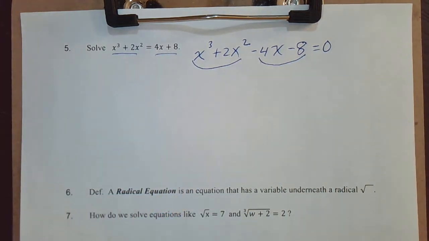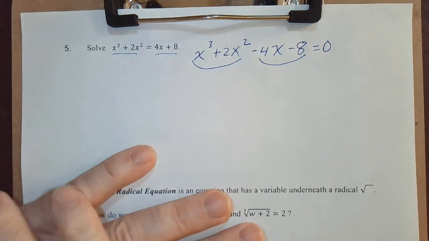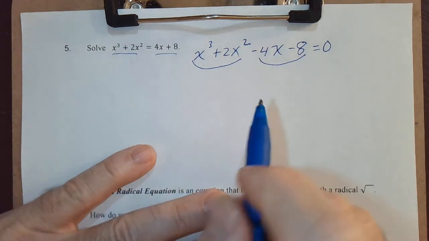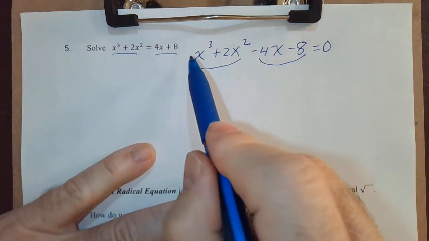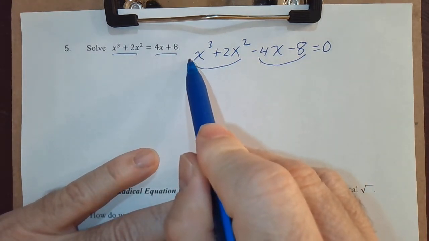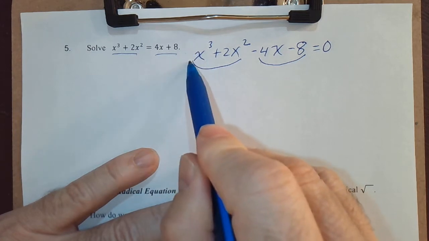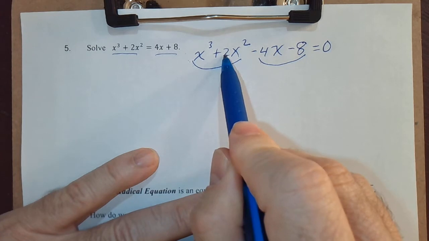Now I want to remind you that this does not always work. It will work for this because here's a little trick for why I know it's going to work. I look at the ratio. This coefficient is a 1, and this coefficient is a 2, so 1 over 2.